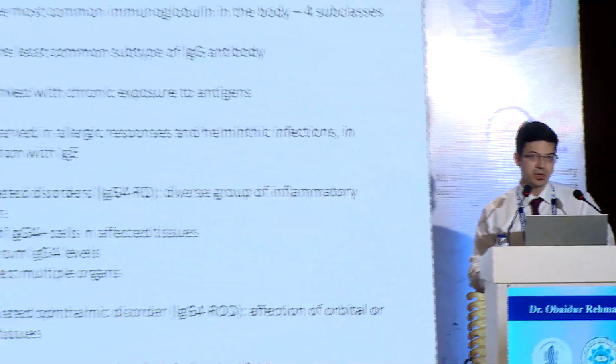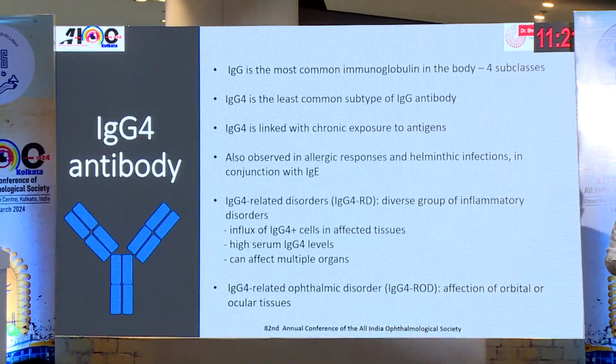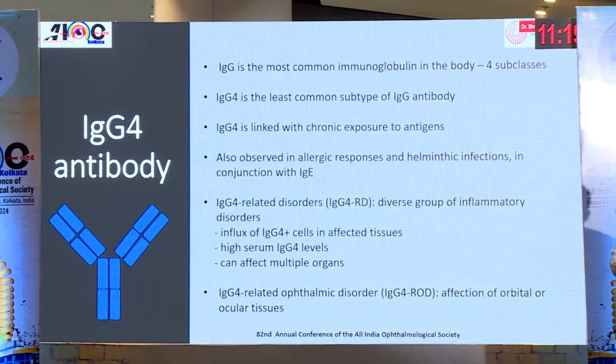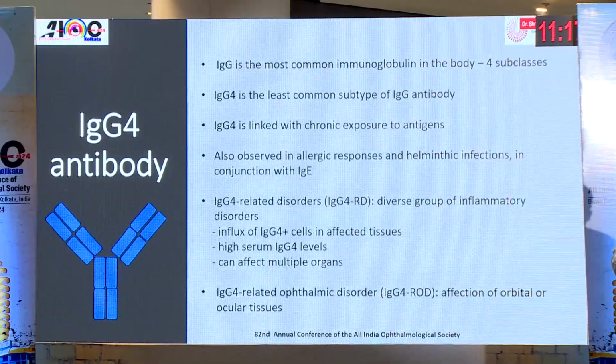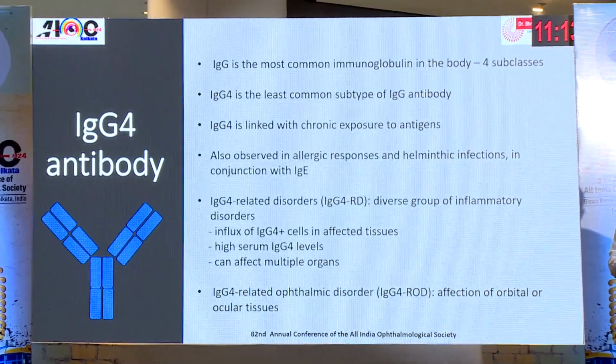So my topic for today is clinical pathology of IgG4 related disease, and to look at what is the IgG4 antibody. IgG is the most common antibody in the body, and it has 4 subclasses: 1, 2, 3 and 4. Out of all those subclasses, IgG4 is actually the least common subtype of IgG antibody, and it has been linked with chronic exposure to antigens, and it has also been observed in allergic conditions and helminthic infections in conjunction with IgE antibody.